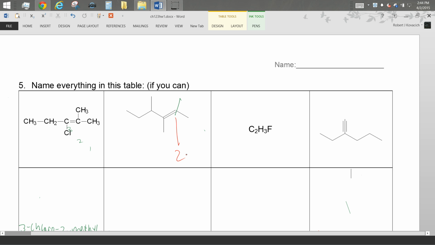Not 2 H's, two methyl groups. This guy right here has a methyl group going this direction and a methyl group going that direction. Okay.